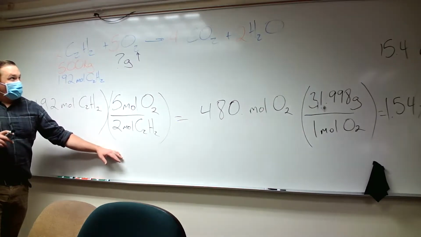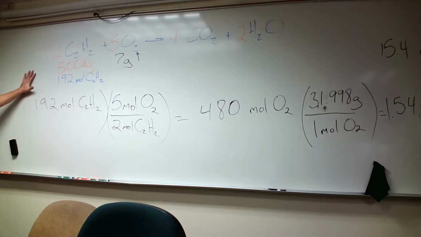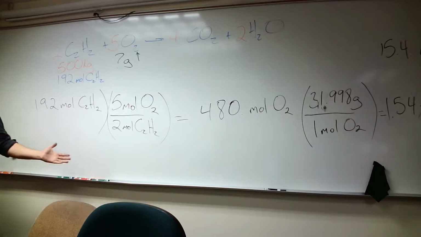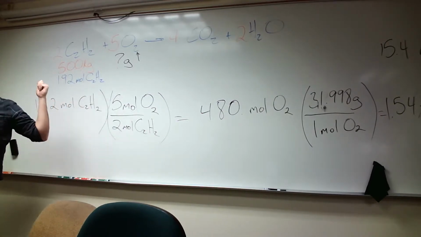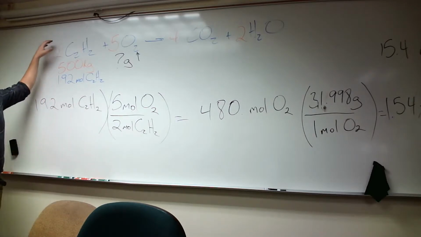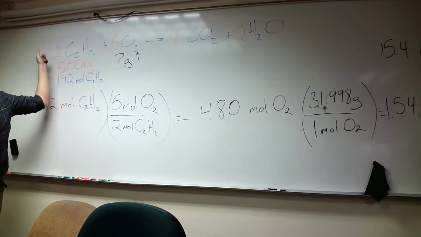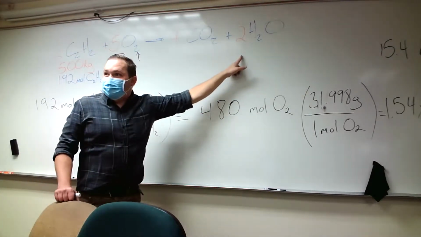There's one more common thing. The number of molecules can change as well. So conservation of mass is all well and good. We have to have the same number of atoms before and after, but they can be arranged in different numbers of molecules. If we look at this, we have a total of 7 gas molecules on the left and 6 gas molecules on the right.